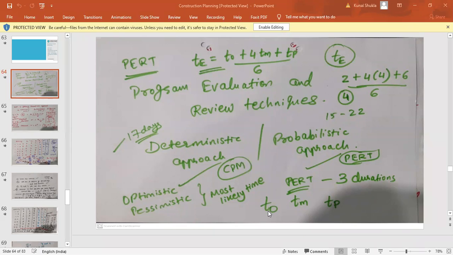The shortest time in which an activity can be completed under ideal conditions is known as optimistic time. Basically, ideal conditions means there should not be any problems or difficult conditions to work upon.